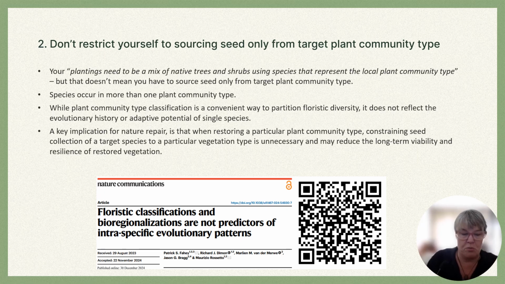So plants don't pay attention to plant community type boundaries. So a key implication for nature repair is that when restoring a particular plant community type, constraining seed collection to only that particular vegetation type for a species is unnecessary and can actually reduce the long-term viability and resilience of the restored vegetation.